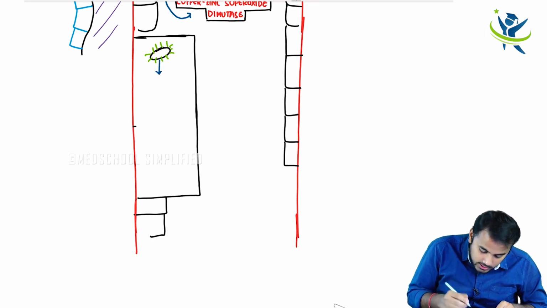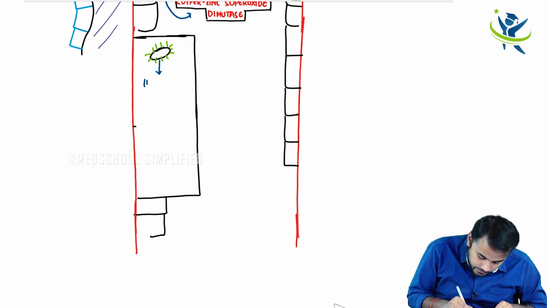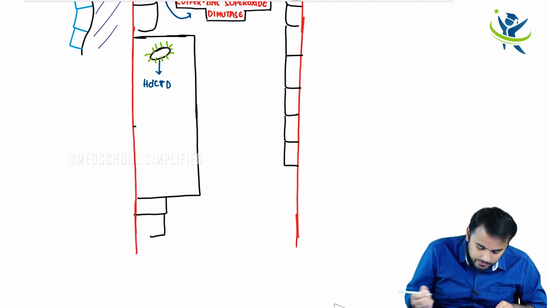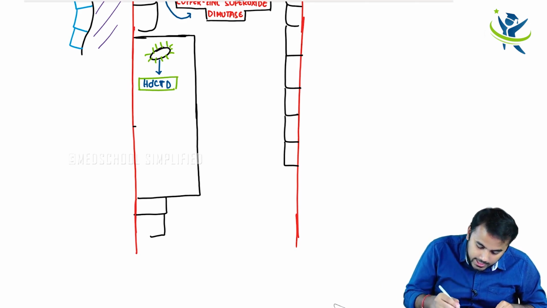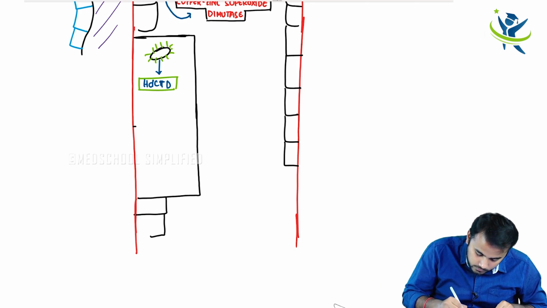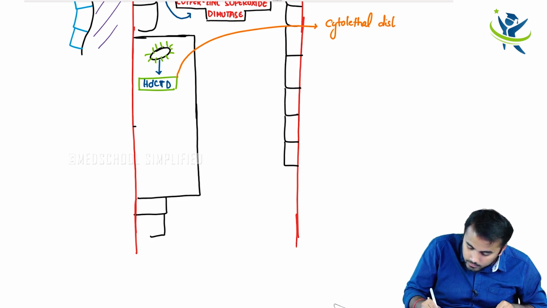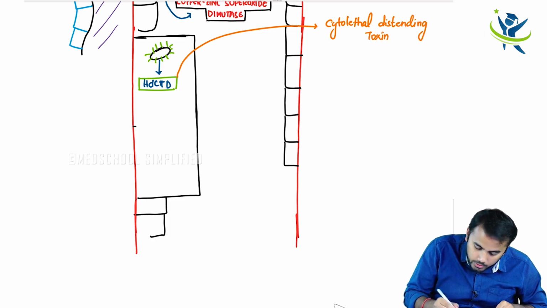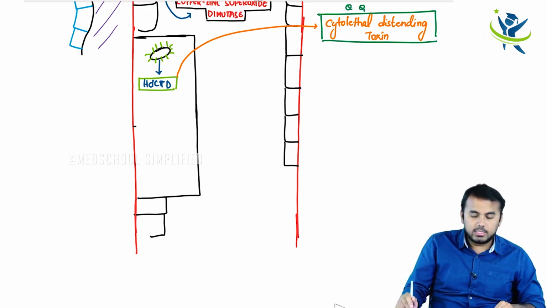So it releases a toxin that is called cytolethal distending toxin, which is also abbreviated as CDT. Very important, keep this toxin in mind. So this releases a cytolethal distending toxin.